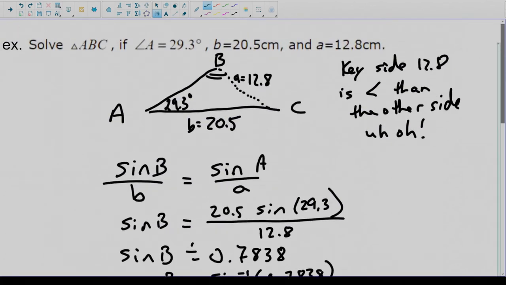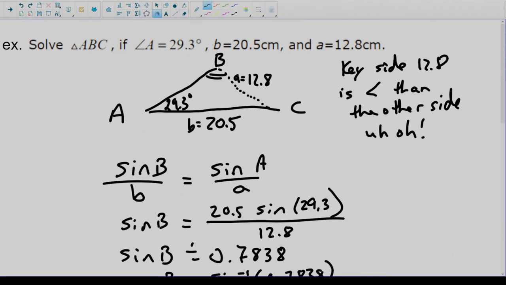So let me just recap here. If you're given a triangle to solve, or even to find an angle for, the key in the sine law is an angle with an opposite side given. If the key length is shorter than the other length, you always have a possibility of the ambiguous case.